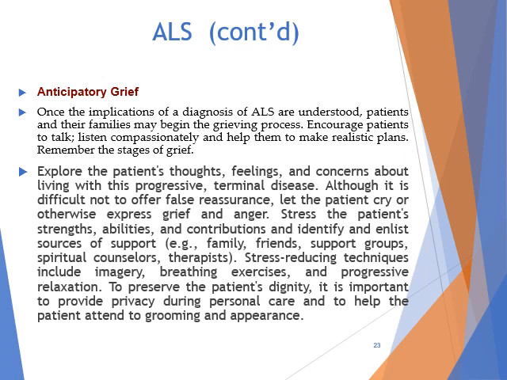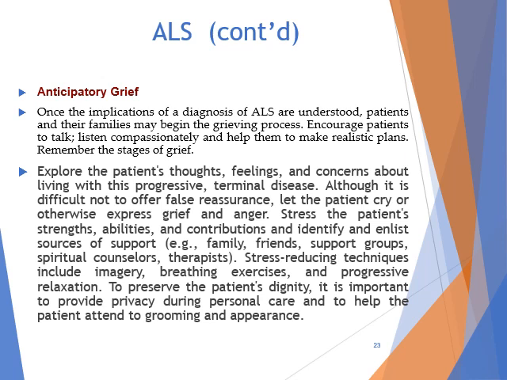And just always remember the stages of grief. It can be anger. It could be, why me? Why me? So remember the stages of grief. Explore the patient's thoughts, feelings, and concerns about living with this progressive terminal illness. Although it's difficult not to offer false reassurance, let the patient cry or otherwise express grief and anger.